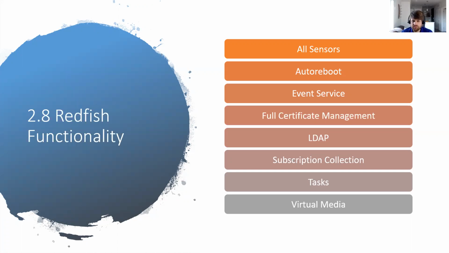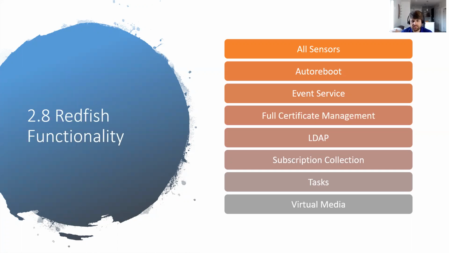Event service and subscription collection allows for notifying the client of a resource change outside of the normal request response. Full LDAP and certificate management were new features to OpenBMC.